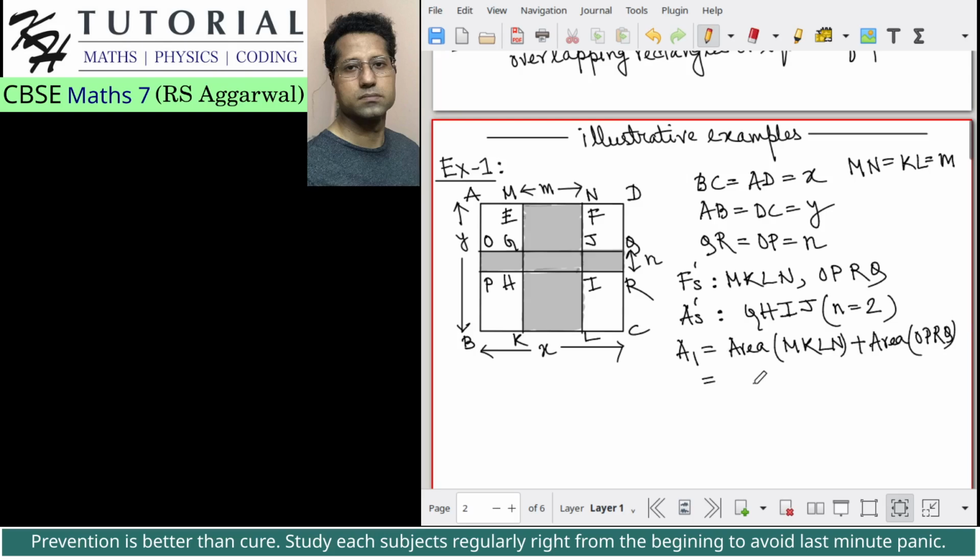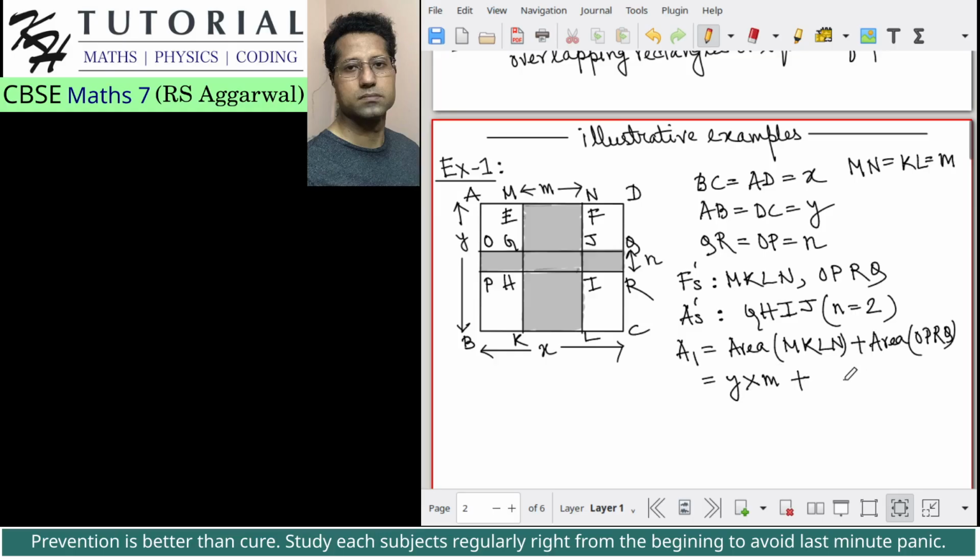The area of MKLN: as you can see, for the rectangle MKLN, the length is y and the width is m, so y multiplied by m.